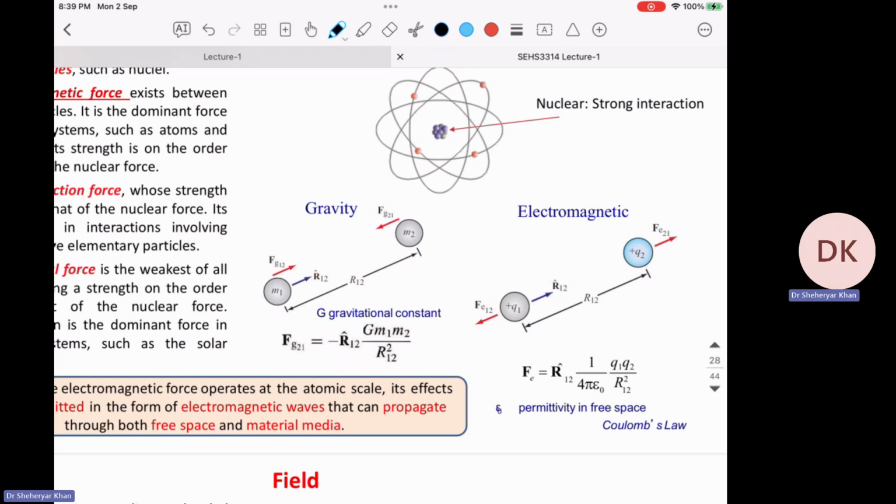So this is called the inverse square law. So 1 over r square. That means if you are very close, 2 square is 4, 3 square is 9, 16, right?